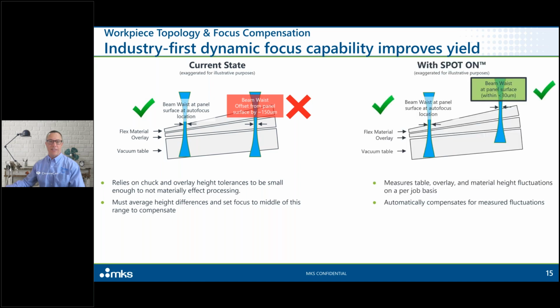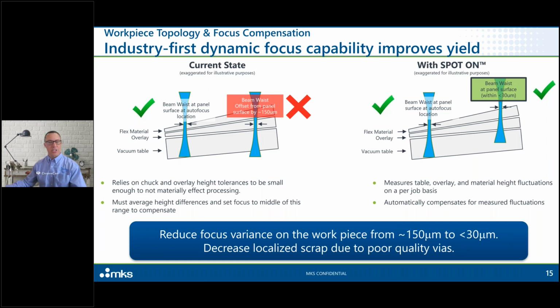So it certainly is not as accurate. And now with the graphic I'm showing on the right, with Spot On, since we're able to dynamically change the height of the panel during processing based on the mapping data that we took before, we are able to change where that focus point is to more closely match what is expected in the processing and really generate much higher yield and less poor quality vias.